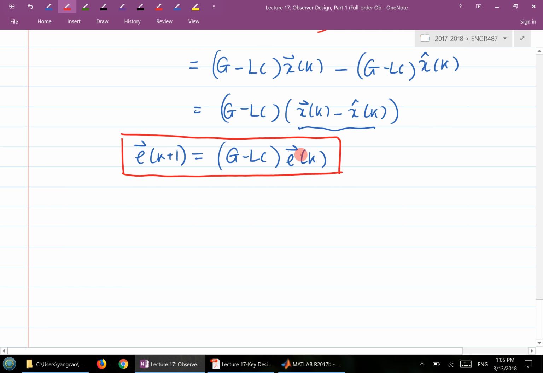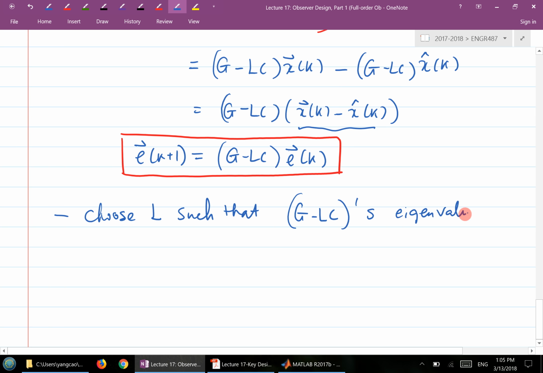So the idea here is very much the same as previous pole placement, right? What we want to do is choose L such that the eigenvalues of the G minus LC matrix are within the unit circle.